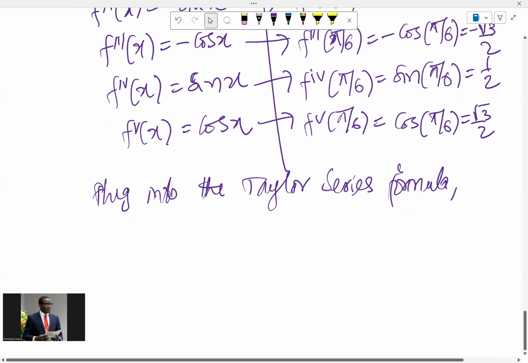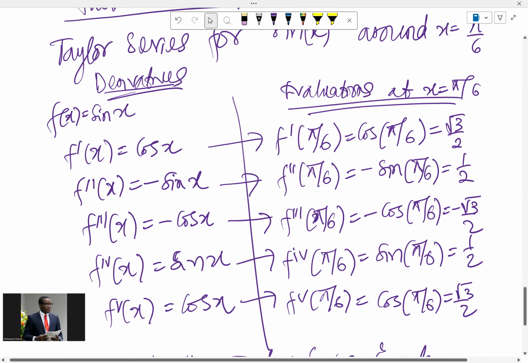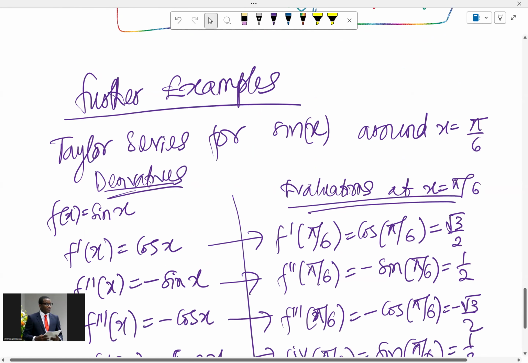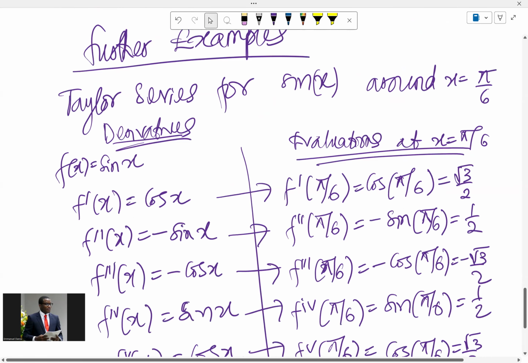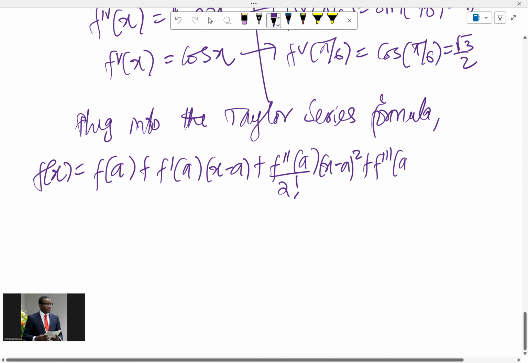And the Taylor series formula, once again, is f of x equals f of a, our a here is pi over 6, plus f prime of a times x minus a, then f prime prime of a over 2 factorial, x minus a raised to power 2, plus f prime prime prime of a over 3 factorial, x minus a raised to power 3.